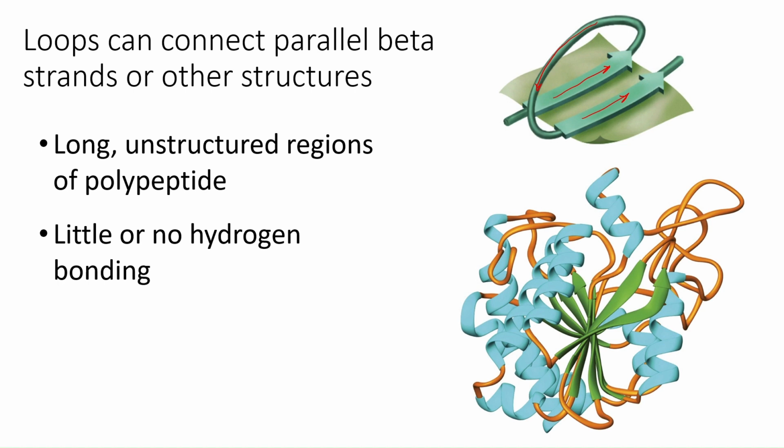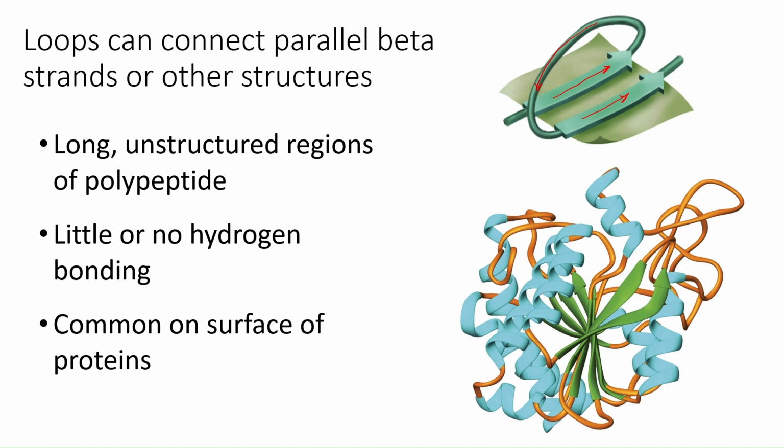And one reason it's relatively flexible is that there's often little or no hydrogen bonding within that unstructured region in the loop. And so there's a lot of freedom of movement in this loop as compared to other more rigid or more highly hydrogen bonded parts of a protein, for example, within an alpha helix or within a beta sheet. And so one of the places you'll see a lot of loops is often on the surface of proteins.